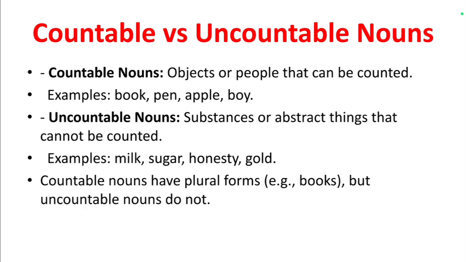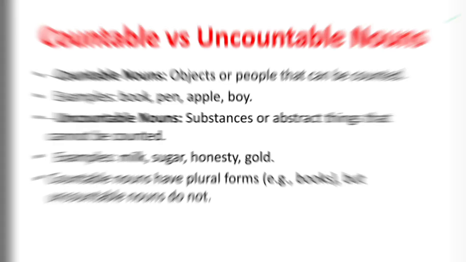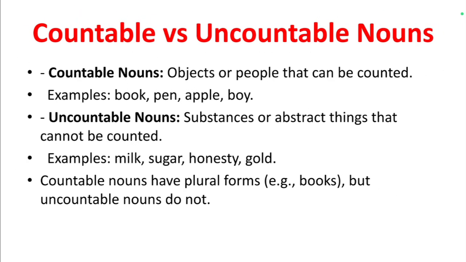Countable nouns have a plural form like books, but uncountable nouns do not. So we can make the plural form of a countable noun, but not of an uncountable noun. These are some examples that can be used.